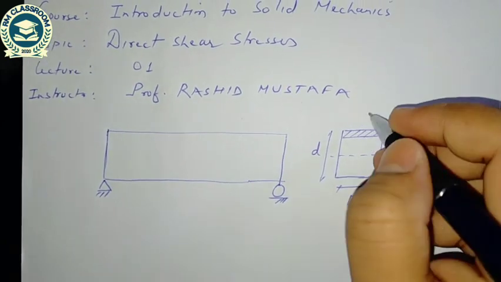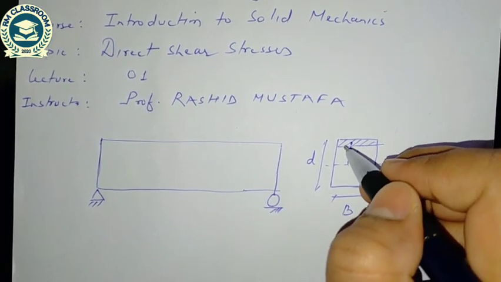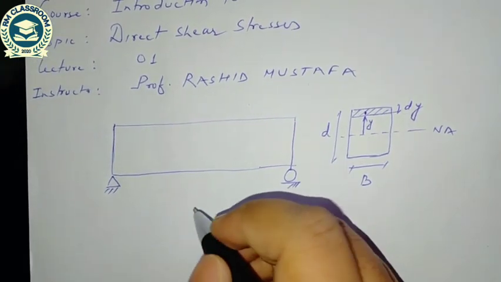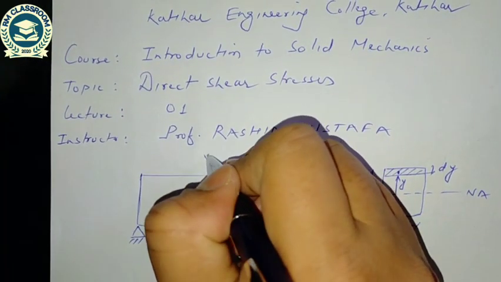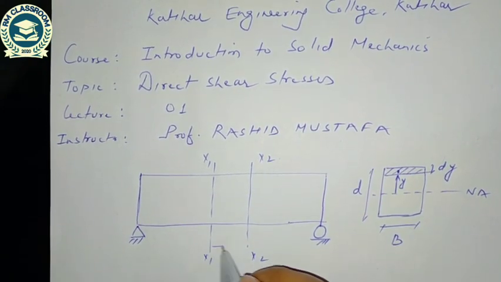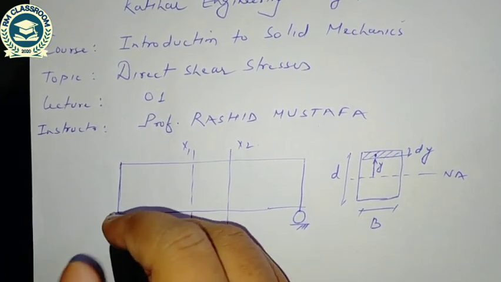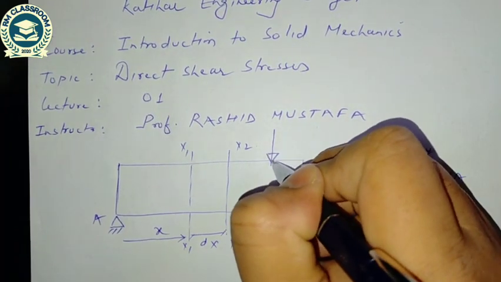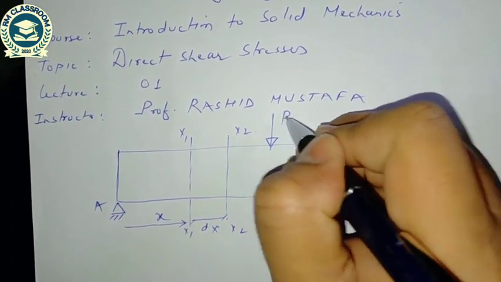I have taken a strip at a distance y from it, of thickness dy. Two sections I have considered, x1 and x2, at a distance of dx. This is x, with supports A and B, and a load capital P acting.